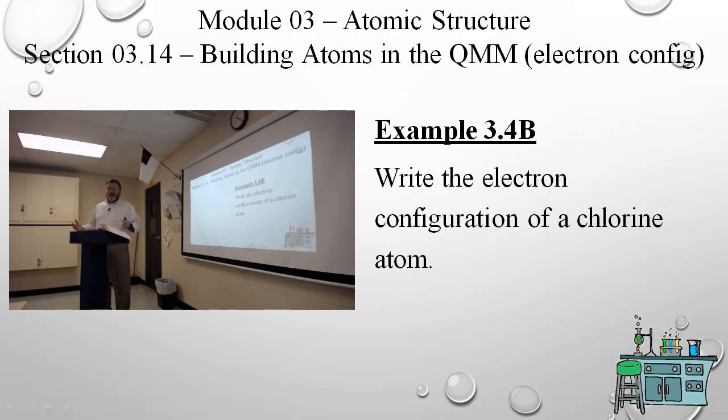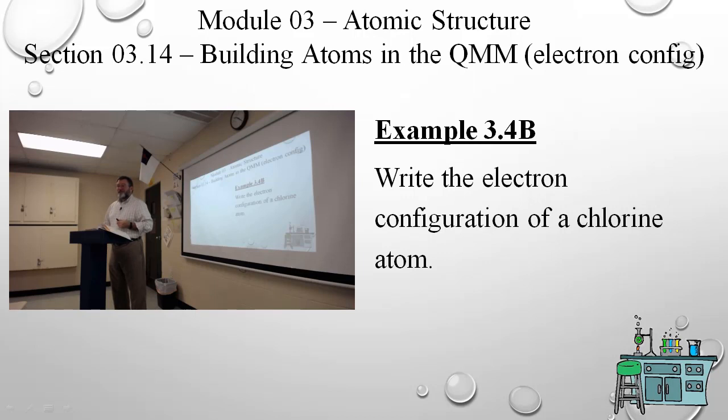I need to place 17 electrons. So if you have your slant diagram in front of you, you can just go back to that and start counting them up, right? So we have a 1s2, 2s2, 2p6, that gives us 10, 3s2, that gives us 12.